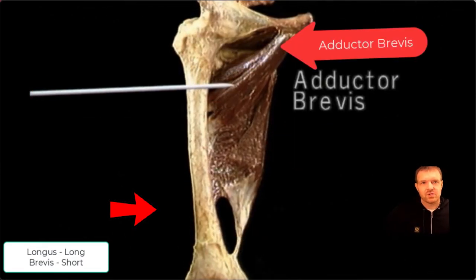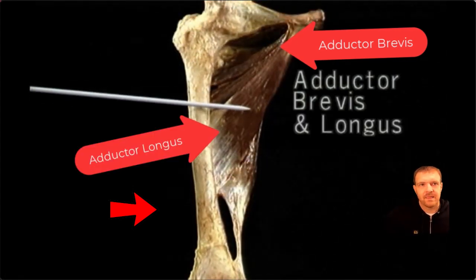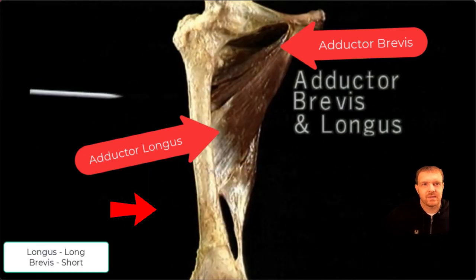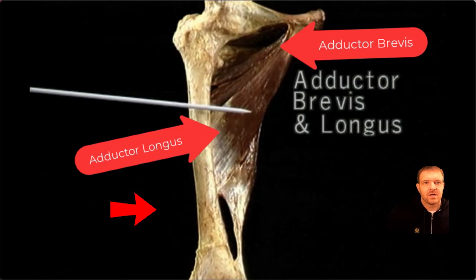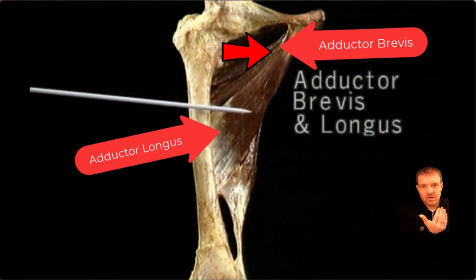So that is your short adductor muscle. So that's adductor brevis. So brevis means short, longus means long, magnus means massive. Okay, so there's adductor brevis, and there's adductor magnus sitting right by it. Let me just go back a little bit and pause that there. Okay, so what you can see here is these muscles are more anterior, so they're more towards the front.